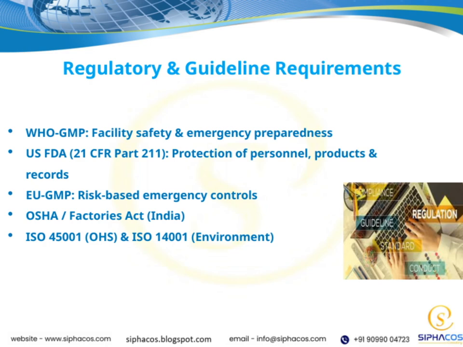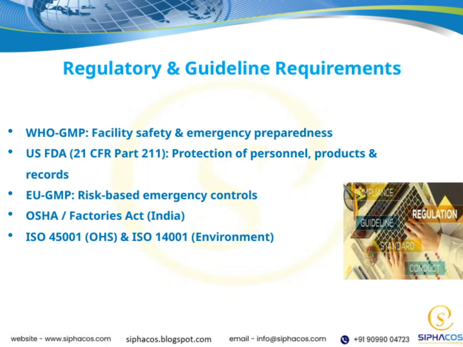Moving on to the U.S. FDA, specifically 21 CFR Part 211, this regulation focuses on protecting personnel, products, and records. It underscores the importance of safeguarding our staff from hazards, ensuring the integrity and safety of our products, and maintaining accurate, secure records for traceability and compliance.